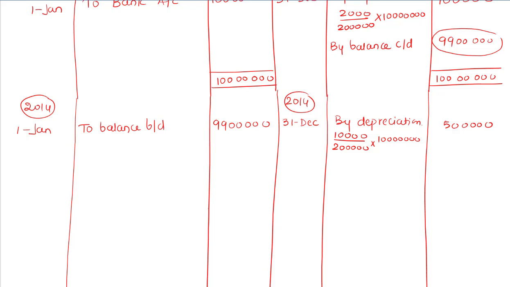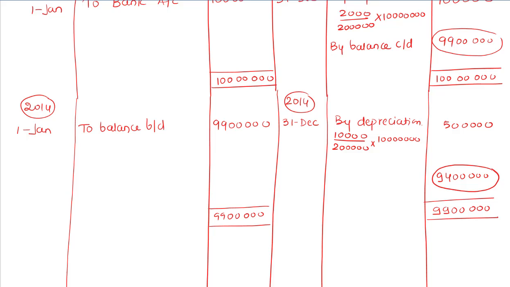Do it on your calculators quickly. Total 99 lakhs, 99 lakhs minus 5 lakhs is 94 lakhs. By balance carried down 94 lakhs.